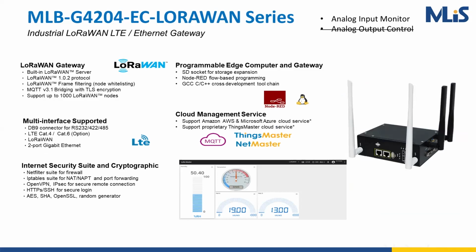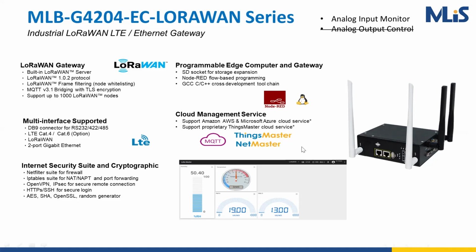The next is the MLB G4204 series for your reference. It's a programmable gateway that supports Node-RED and the open platform OpenWRT. It can also support open cloud platforms like AWS and Azure.